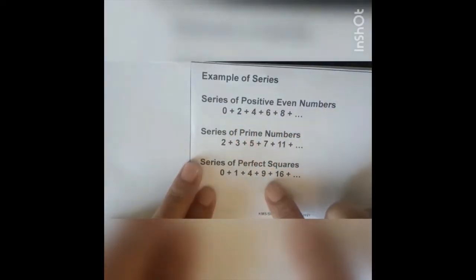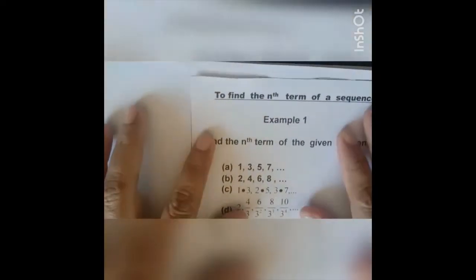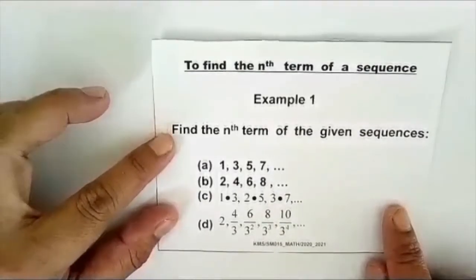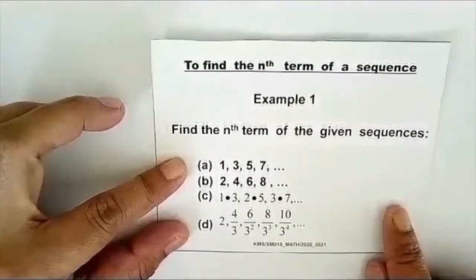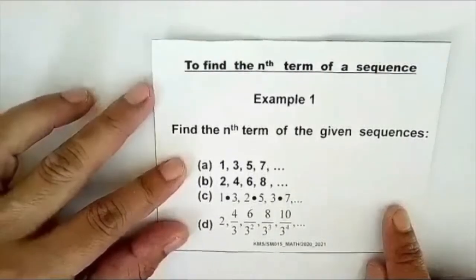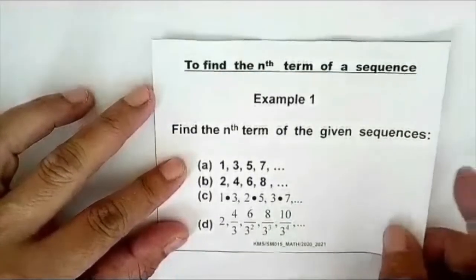For the series, we have the plus signs. Find the nth term of the given sequences. I will show you how to find the nth term from the given sequence.